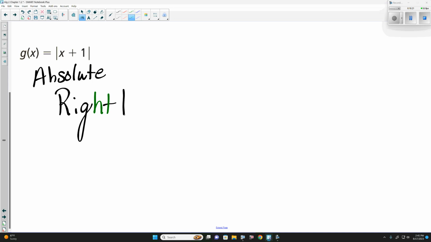So is our plus one inside the absolute value bars or outside? So is it taking the place of H or K? H. Is H left and right or up and down? Left and right. So we're moving right one.